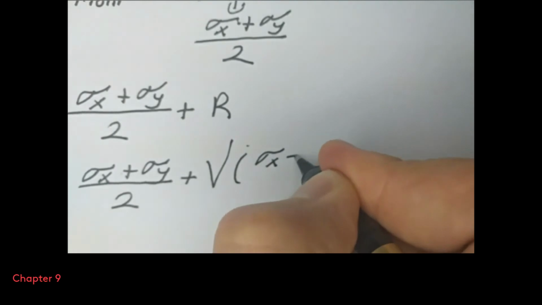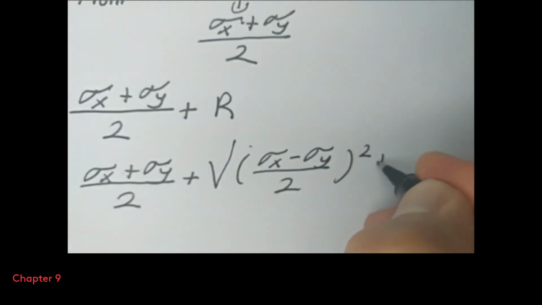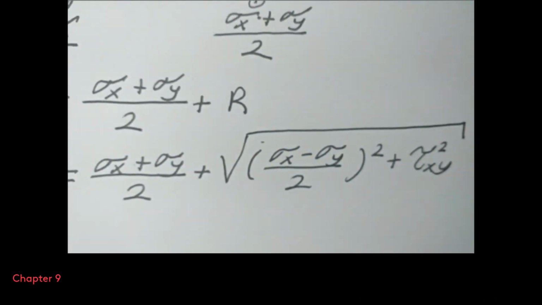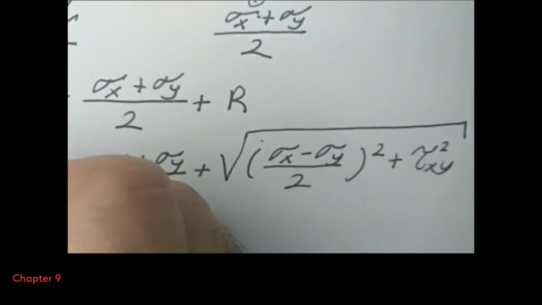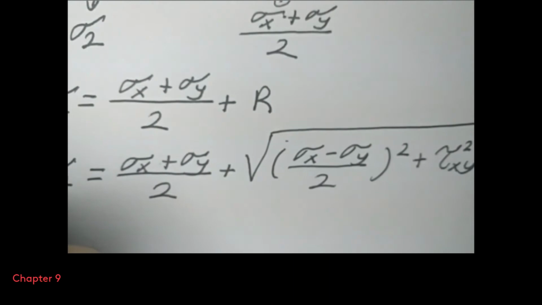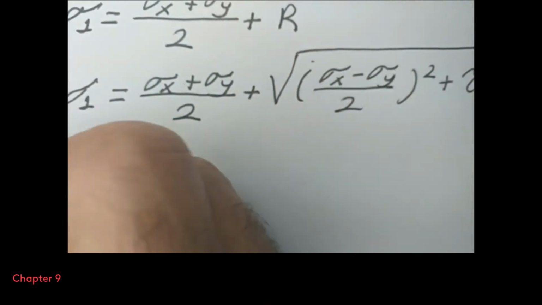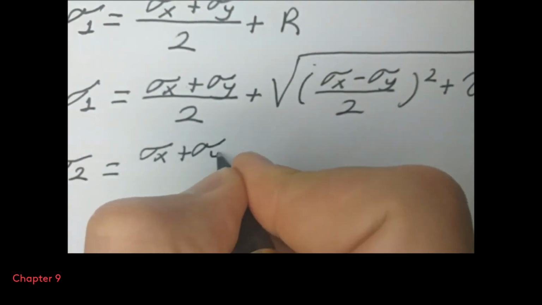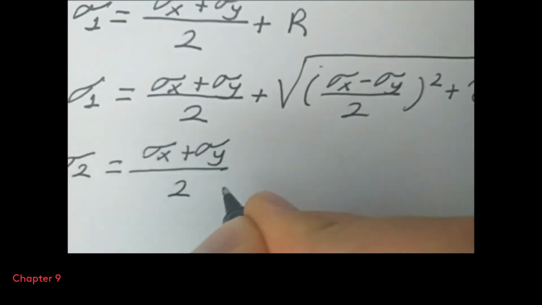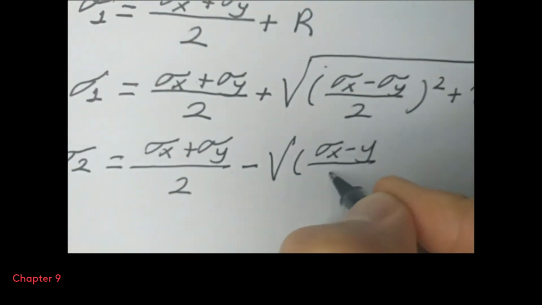Identically, I can write sigma 2. Sigma 2 is equal to sigma x plus sigma y divided by 2 minus the square root of sigma x minus sigma y divided by 2 squared plus tau xy squared, the square root of all these expressions.